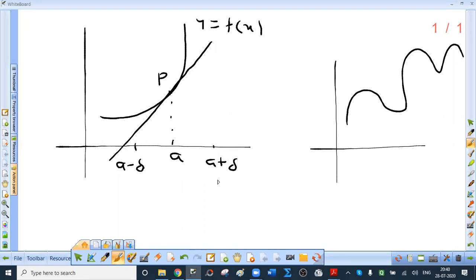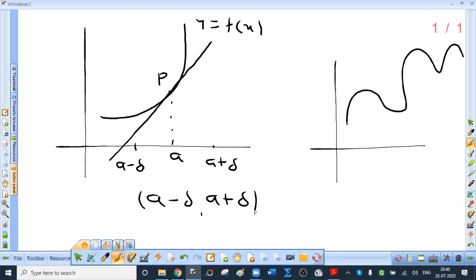Now, first listen, if you have any difficulty, I'll explain again. Now consider a small neighborhood, that is open interval a minus delta, a plus delta of a. See, this interval is given the name neighborhood of a. Okay.